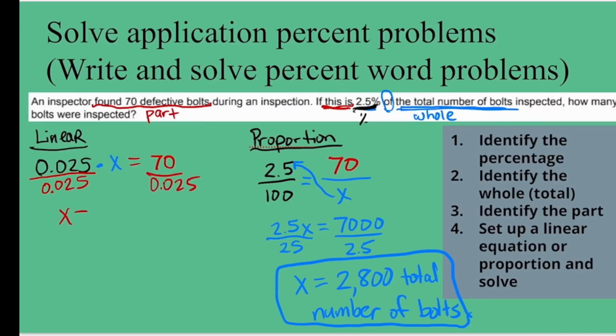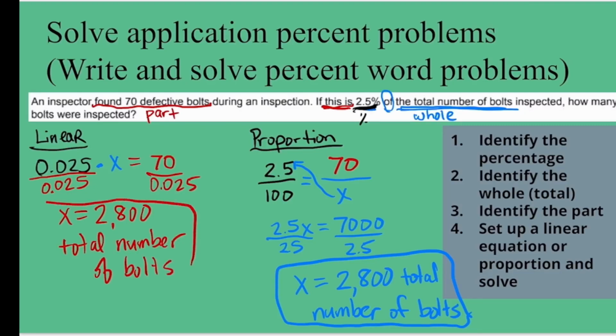So this will show you the main difference between solving these as linear equations versus solving them as proportions. If you do 70 divided by 0.025, you get the same answer. So again, word problem, total number of bolts. Because we're looking for a number and not a percentage, there is no extra work. So that's how you do it.